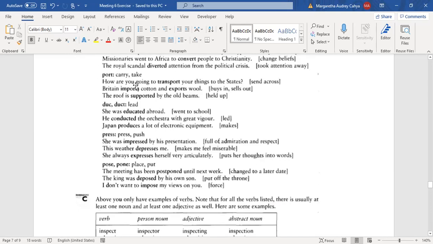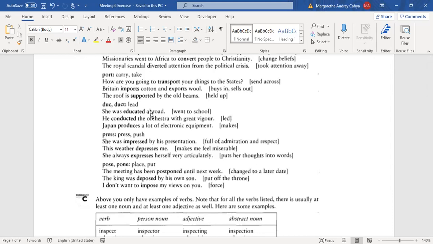Then port, to carry or take. Jadinya itu untuk membawa atau mengambil ya. The transport, send across. Okay, it's carrying. You're transporting something, right? And then import, export. Okay. Well, import is mengambil barang kan dari luar, masuk ke dalam negara kita.